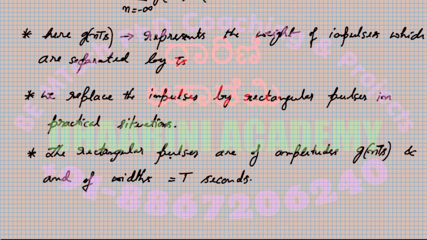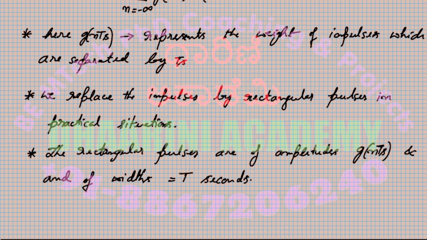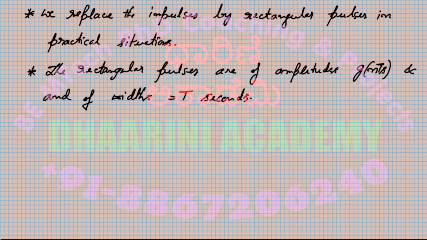We consider a rectangular pulse with amplitude g of n Ts. That means it is fixed. Amplitude is not changing at the moment of sampling. Whatever value is there will be held by the rectangular pulse for some duration, equal to T. I'm going to show you that. All right, let's draw this diagram later.